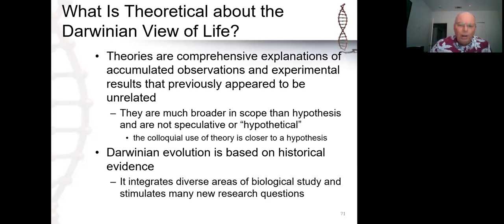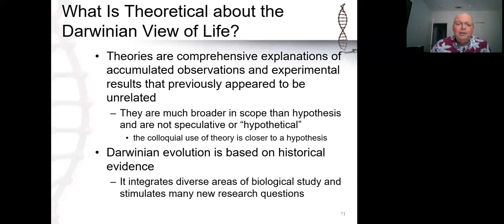It is a predictive model, meaning that if you take what is stated in the theory and make predictions on the basis of what the theory says you ought to be able to find, when you go out and do the experimentation or do the studies, make the observations, you find that the data that you collect is supportive of that predictive model.